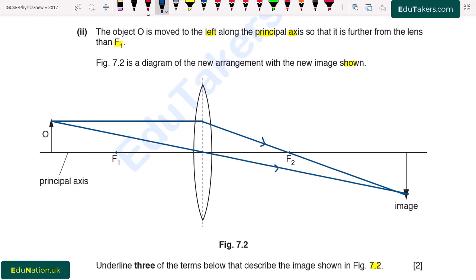First of all, we compare the size of the object and the size of the image. The size of the object is this one, and the size of the image is this. We can see that the size of the image is larger as compared to the size of the object. It means that the image is enlarged.